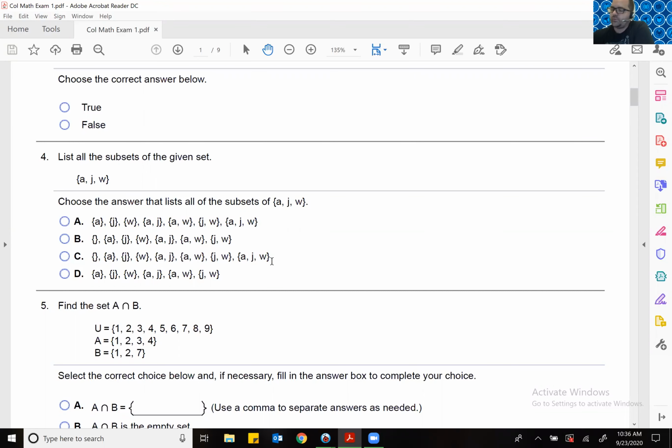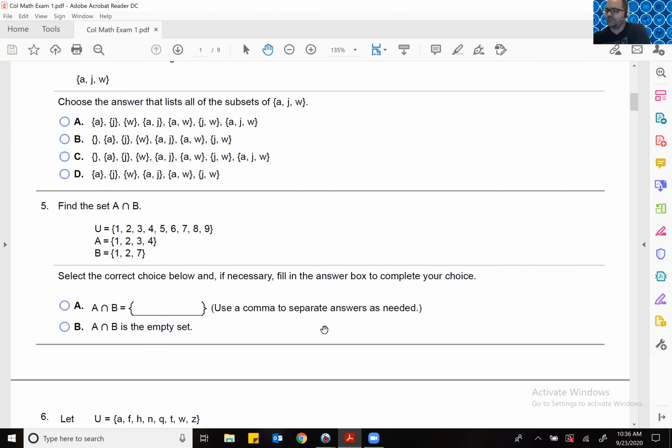And this is where you learned about in 2.3 unions, intersections, complements, the universe. Okay? So we've got the following information. The universe is the set 1, 2, 3, 4, 5, 6, 7, 8, 9. Set A is 1, 2, 3, 4. Set B is 1, 2, 7.